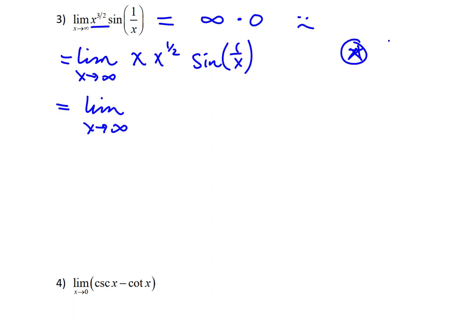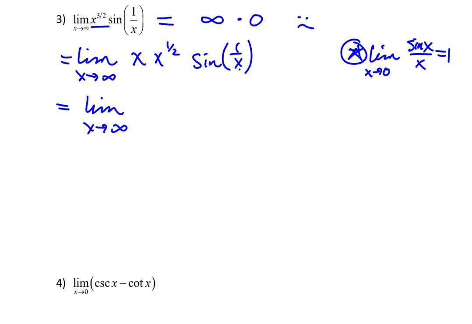If you recall back when we did special limits, we could say the limit as x approaches 0 of sine of x over x is 1. That's one of our special limits from a while back, and that limit could be utilized here, but it's not obvious even yet.